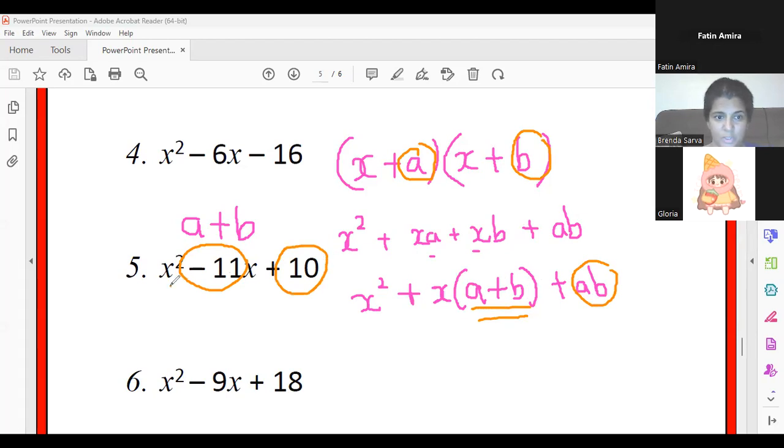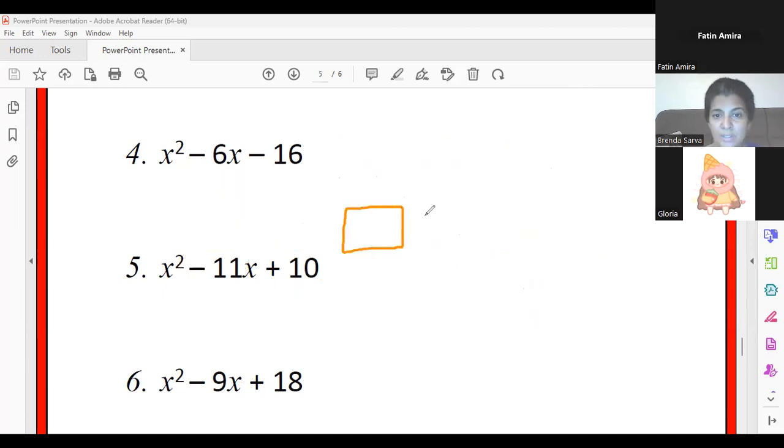That's all. So your center term is always the 2 factors add together. Your last term is the 2 factors multiplied together. You understand? So every time you want to solve for factorization, you got to just think of these 2 factors. Something times something is going to give me here positive 10.